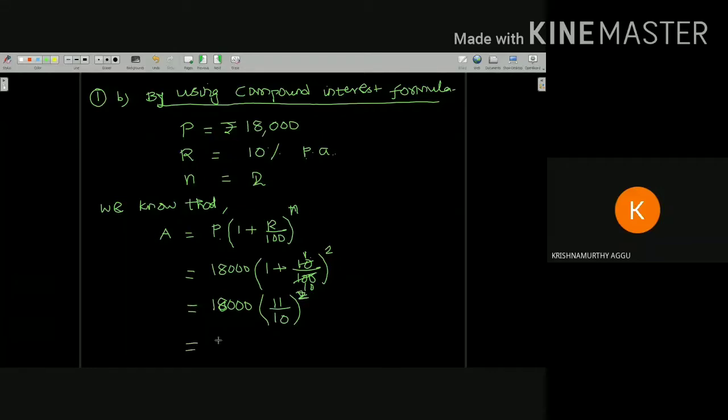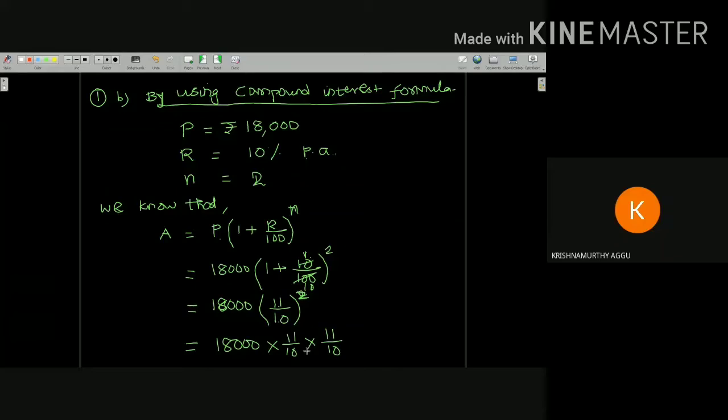In the next step, this 18,000 we will write into something squared. That can be written as something into something. For example, (11 by 10) squared means 11 by 10 multiplied with itself twice: 11 by 10 into 11 by 10.